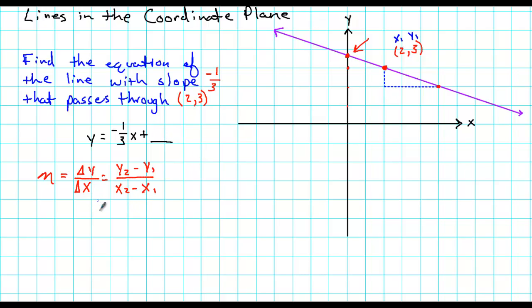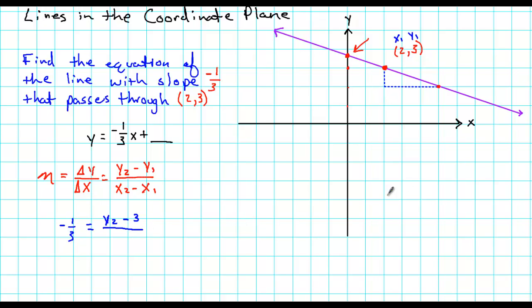So we're going to do something a little different, not exactly what you're used to. I'm going to write down my slope here. I know my slope is negative 1 over 3. And I also know that that equals y2 minus, now remember y1 is 3, isn't it?